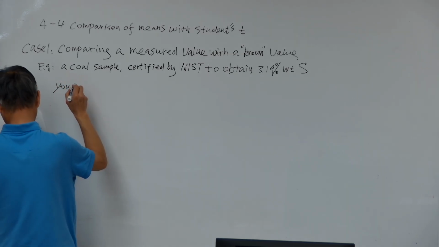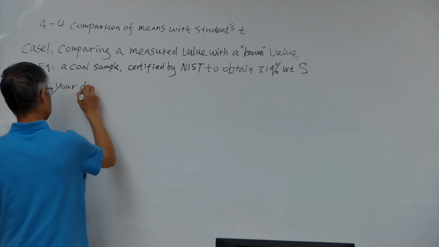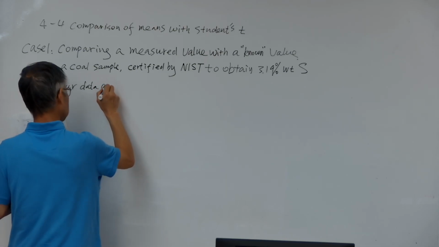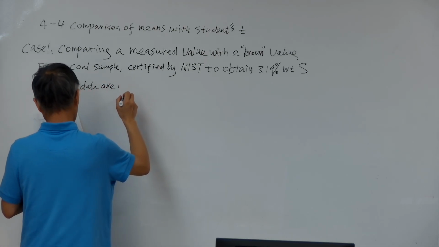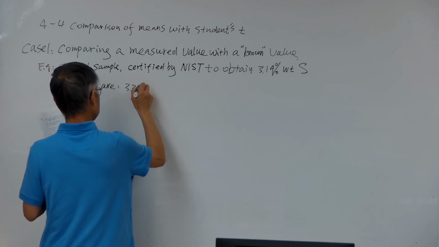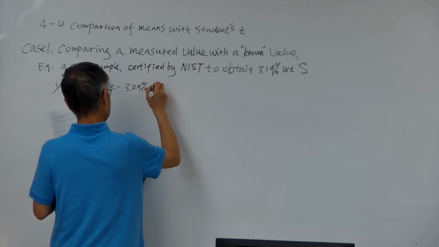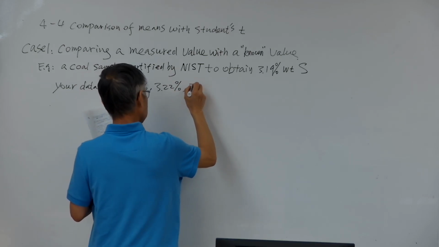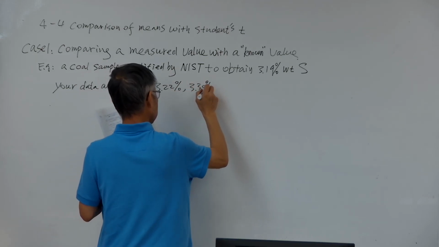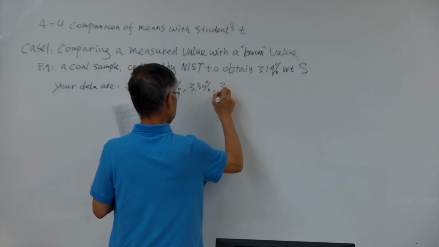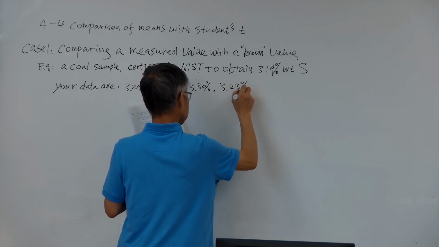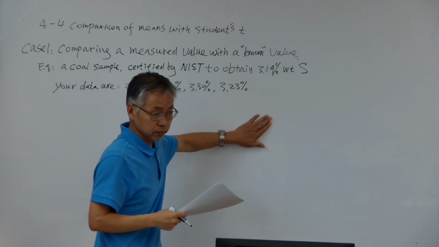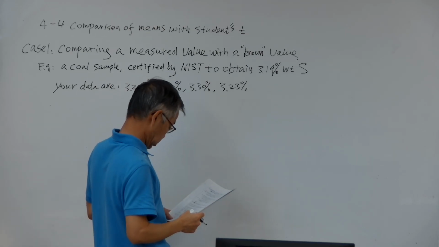Your data or results are 3.29, 3.22, 3.30, 3.23%. So you repeat 4 times, and you get this data.